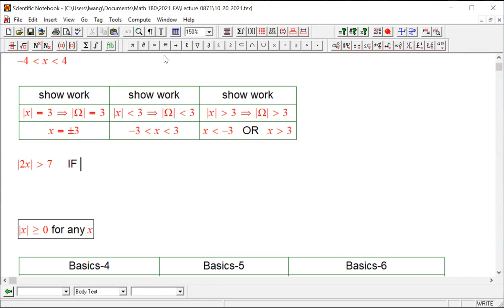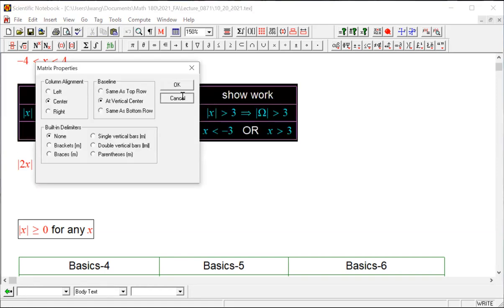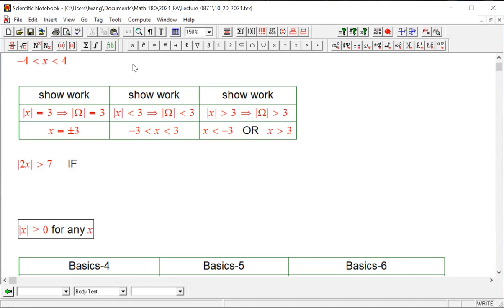In this case, there are multiple ways to do it. If you set up directly according to this model, which is the model that fits our situation, you will have 2x less than -7 or 2x larger than 7.